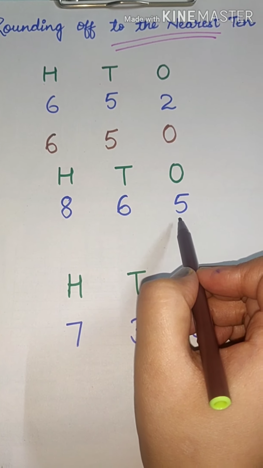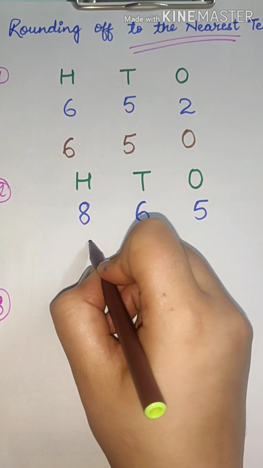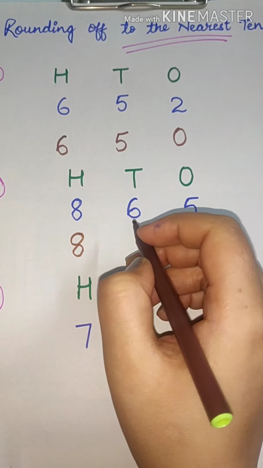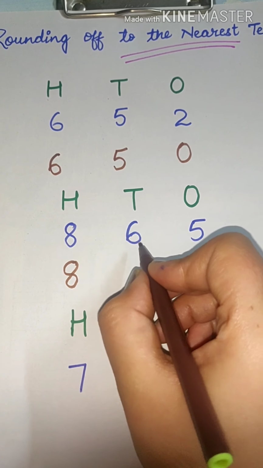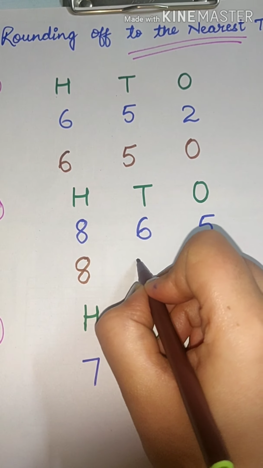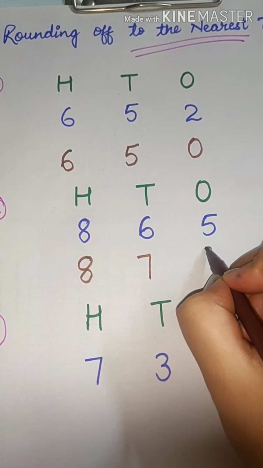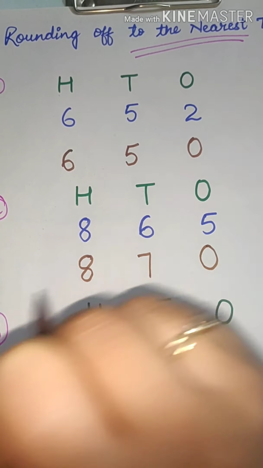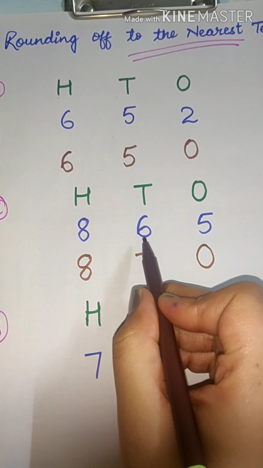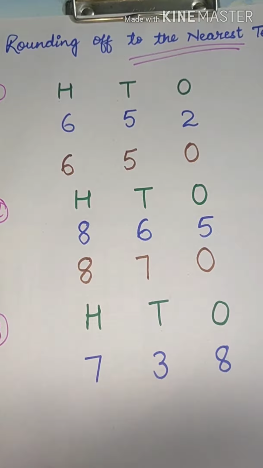Yes, this is a strong digit. So we will write 8 here. Okay, and we will add 1 to this digit and it will become 7 and this will become 0, as we have to write the successor of this digit, that is 7.